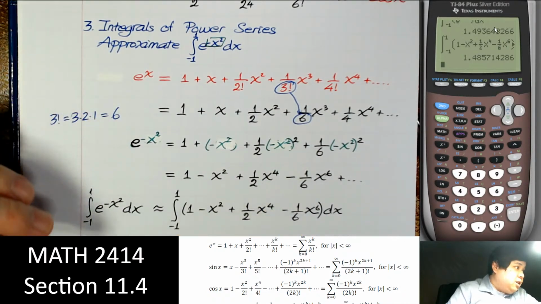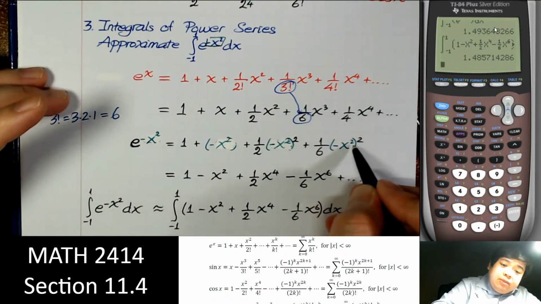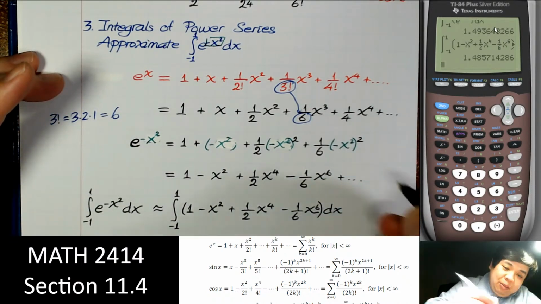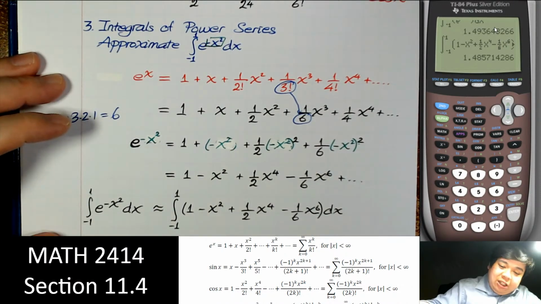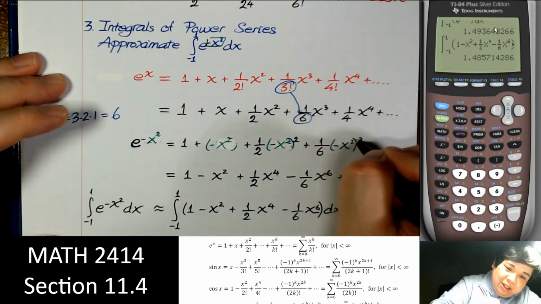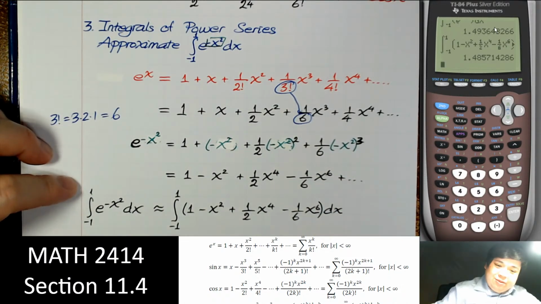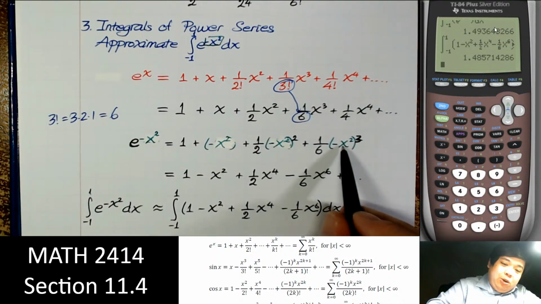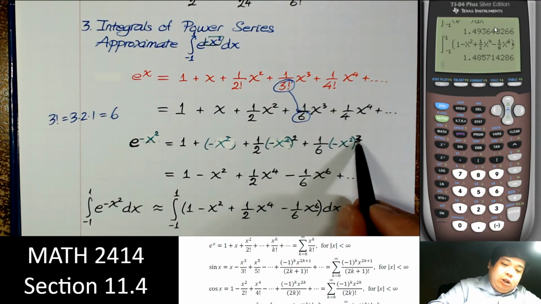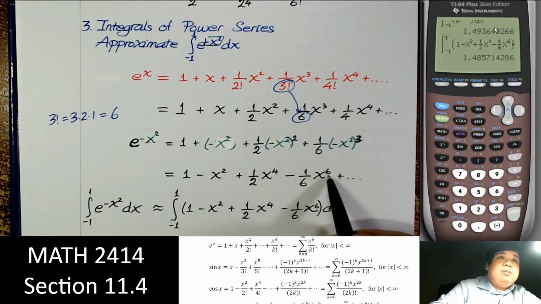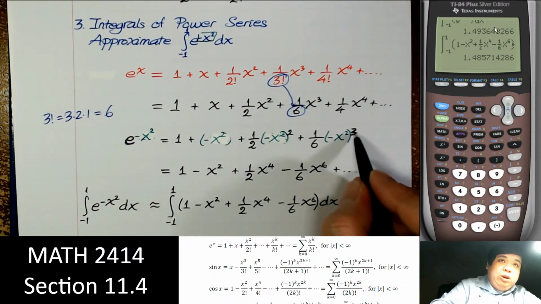So that is the same thing. And you're right. I mean, this should be a cube. I see what you say. This is what you mean, right? Thanks. So negative x squared to the 3rd is 6. The power is 6. I forgot. This should be a cube.